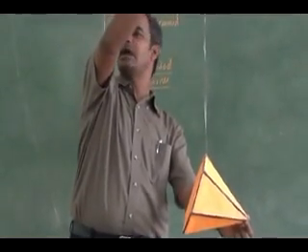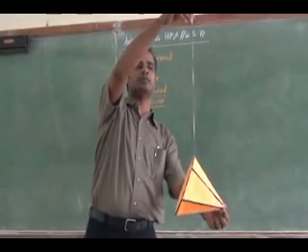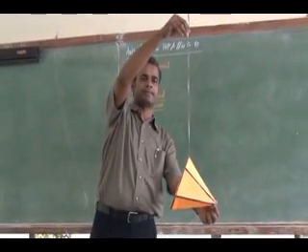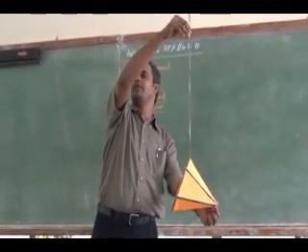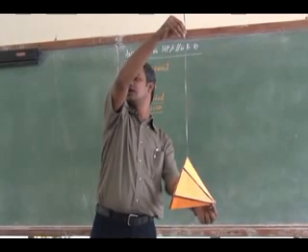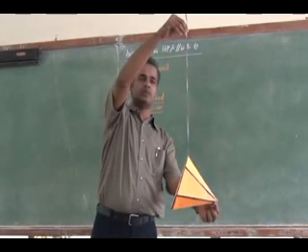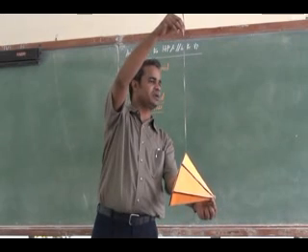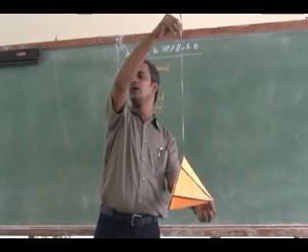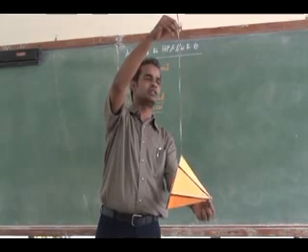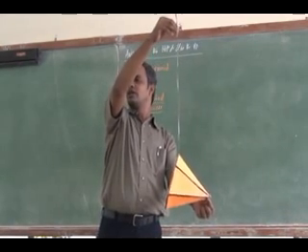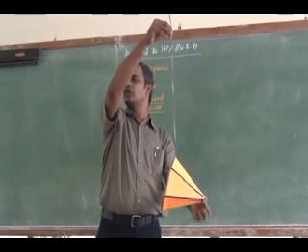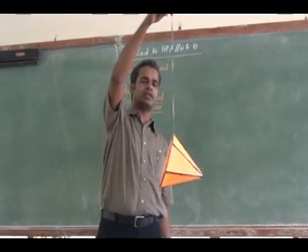Look at the axis, it is parallel to VP. At the same time, the axis is inclined to which plane? HP. If it is freely suspended like this, the axis will be inclined to HP. So again, it is an axis inclined to HP problem. You look at this solid, how it is hanging.